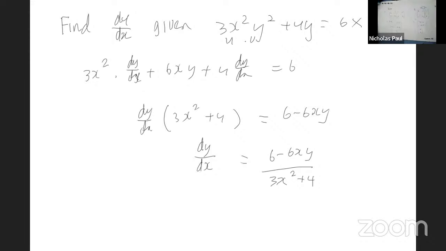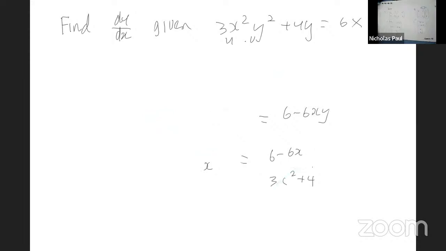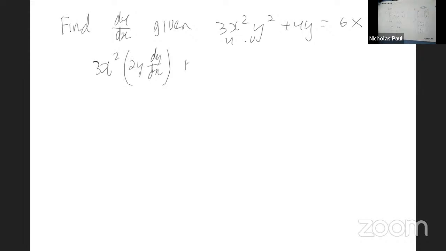Yeah, y'all got that? Check it and see the differential of 3x squared y squared. Oh no, it's y squared. Scrap that. I made a mistake there. So that's 3x squared. The differential of y squared will be 2y dy/dx, plus 6xy squared plus 4 dy/dx is equal to 6.